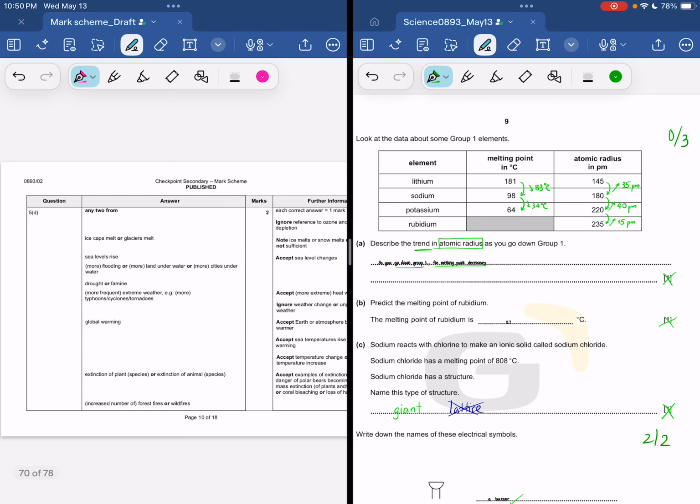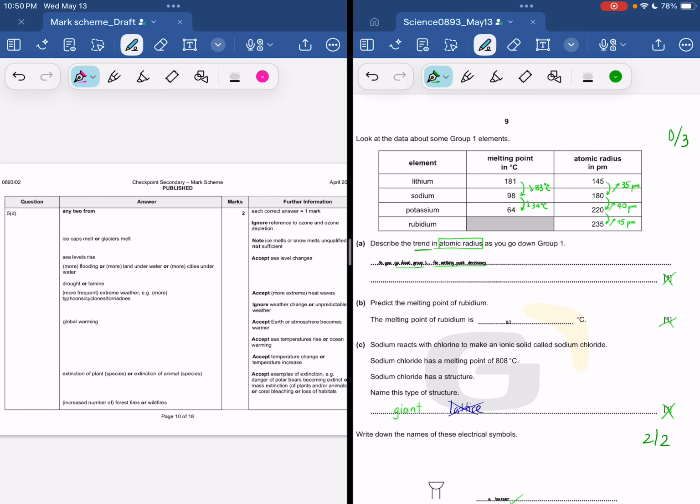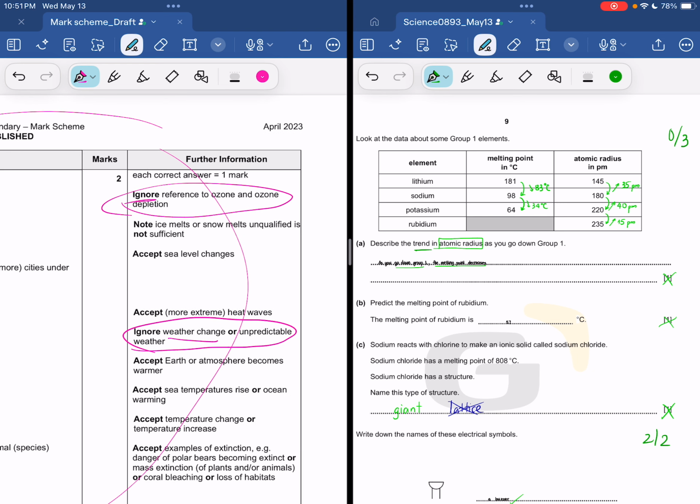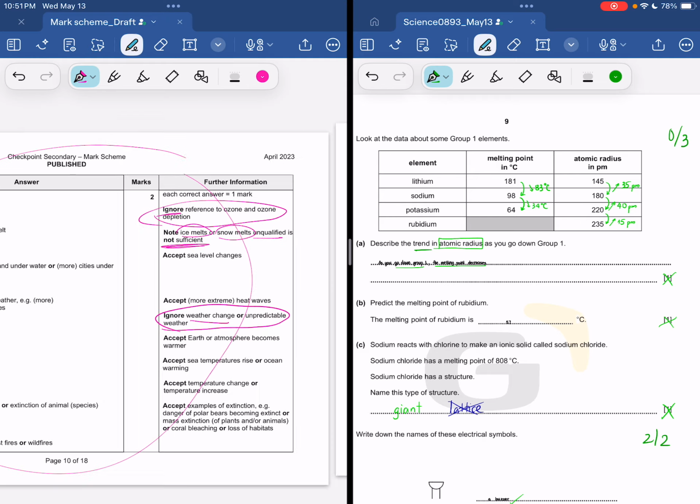Oh, by the way, for the last question, number 5, check it yourself at the mark scheme again. If you just mention the ozone or ozone depletion, you don't get the point. If you just mention weather change in a very general idea like this, you don't get the point, okay? And if you just mention ice melt or snow melt, it will not be good enough to get the point.